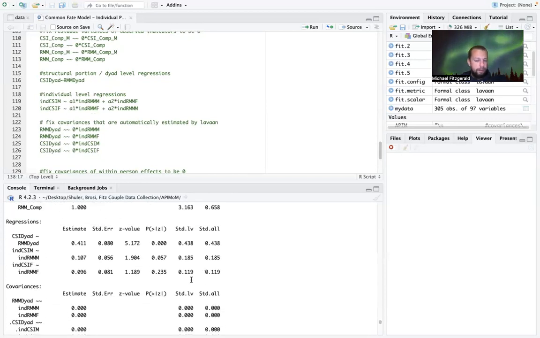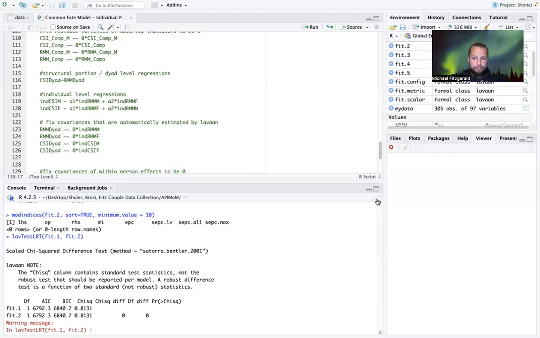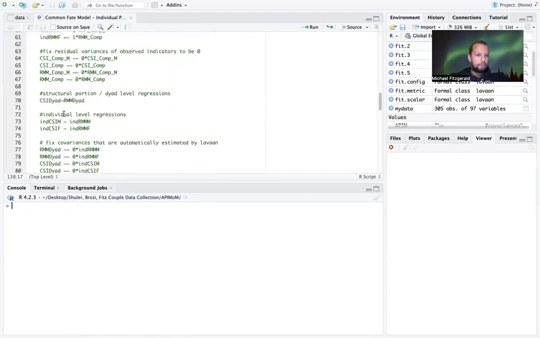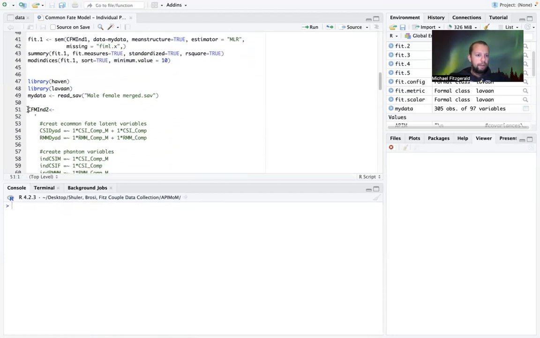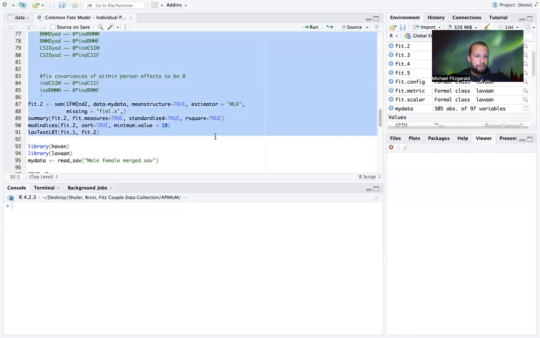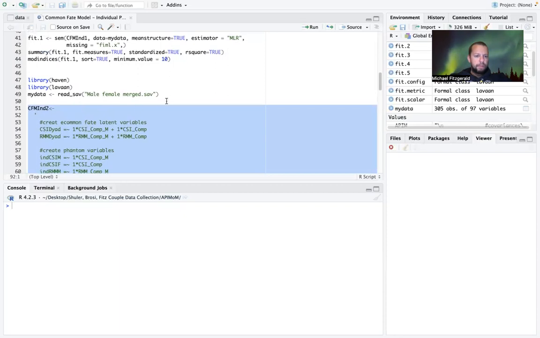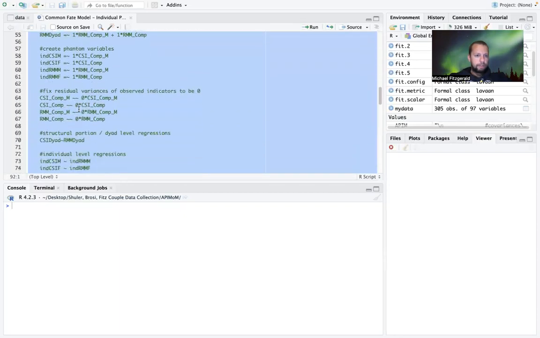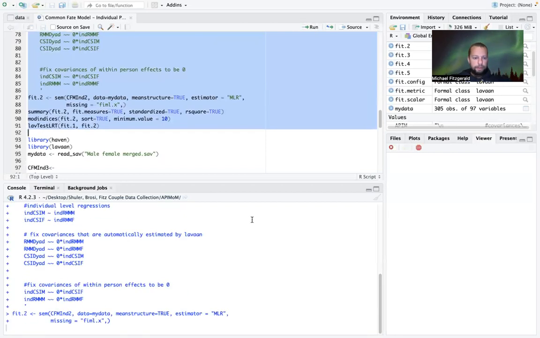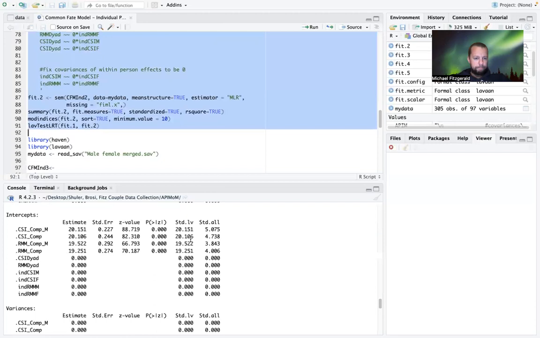All right, and so let's just clear that out so we know what we're dealing with, and we will run this model. Make sure everything is in place and everything looks good, and we'll run that. All right.